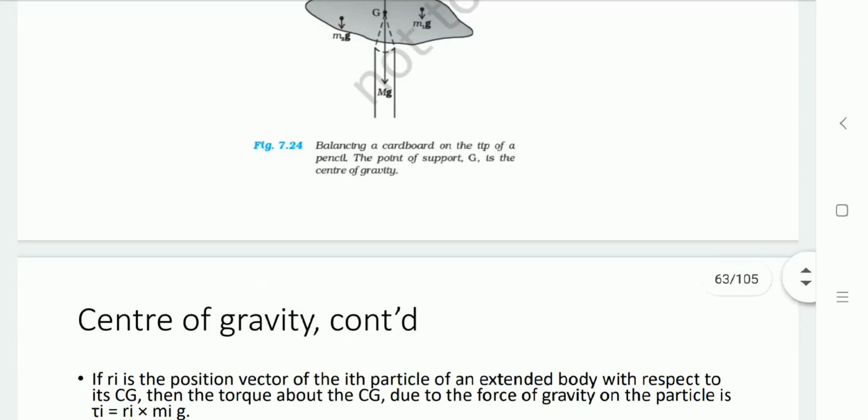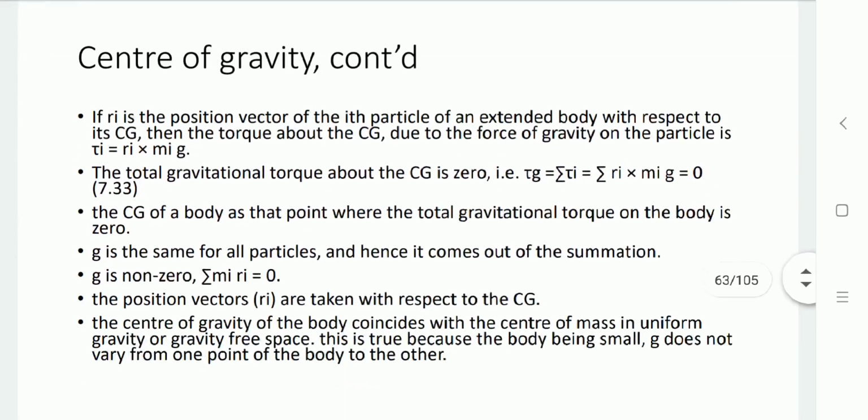Let us understand this. If Ri is the position vector of the particle of the body with respect to its center of gravity, then the torque about the CG due to the force of gravity is Ti equals Ri cross Mi g. The total gravitational torque about the center of gravity is 0, that is, Tg equals the summation of Ti, equals the summation of Ri cross Mi g, equals 0.